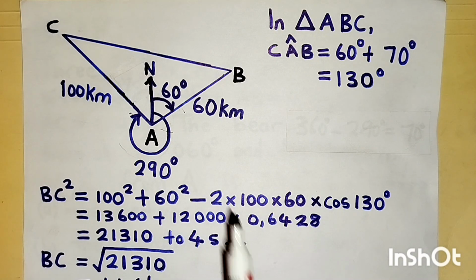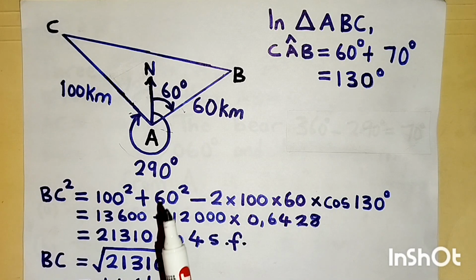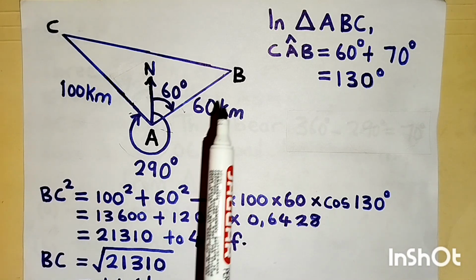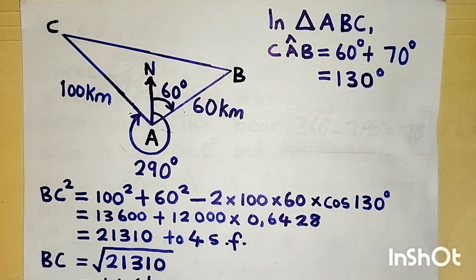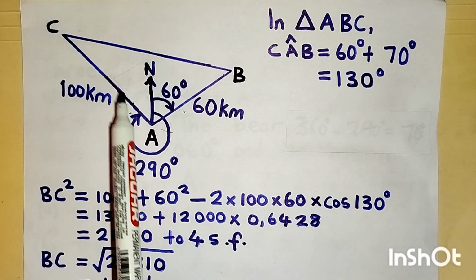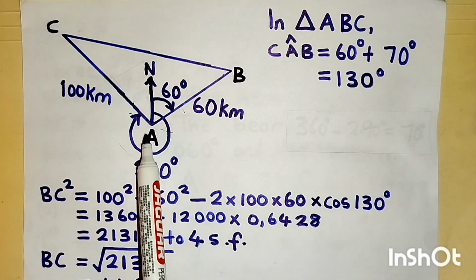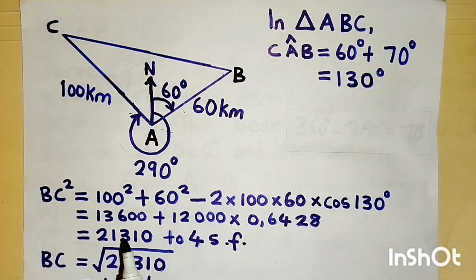So according to the positions of B, C and A, the distance BC gives us the third side of the triangle. So we have got a triangle here, and I'm going to use the cosine rule to find the length of the distance BC. For me to use the cosine rule, I must know the whole angle CAB.